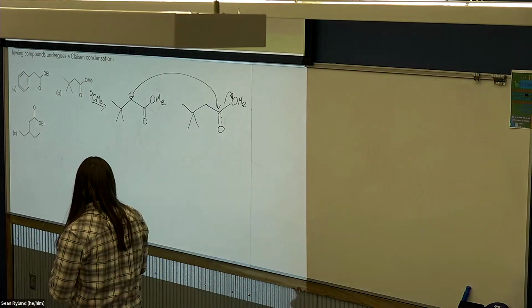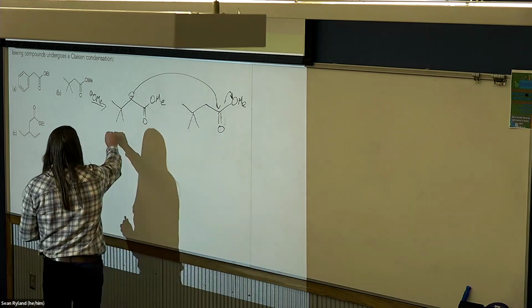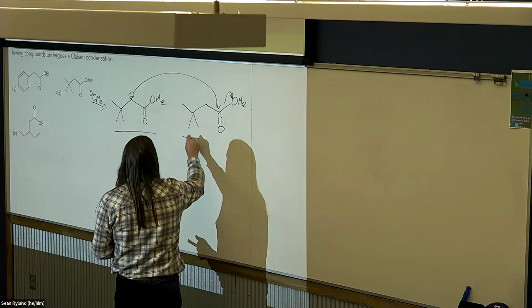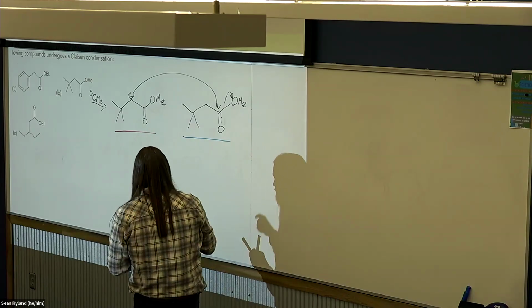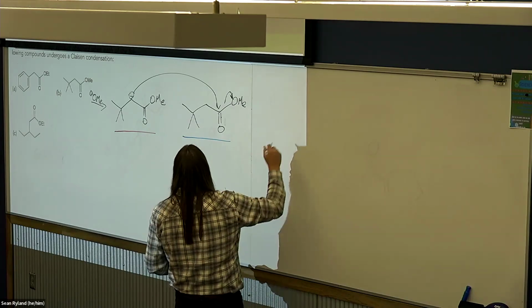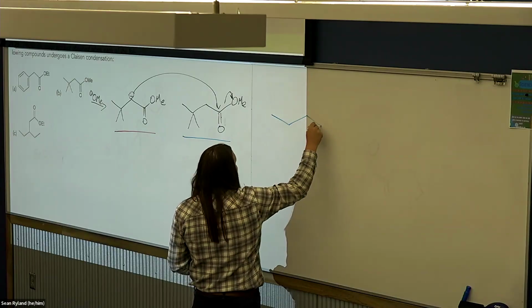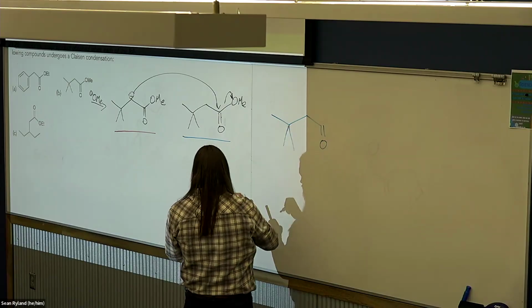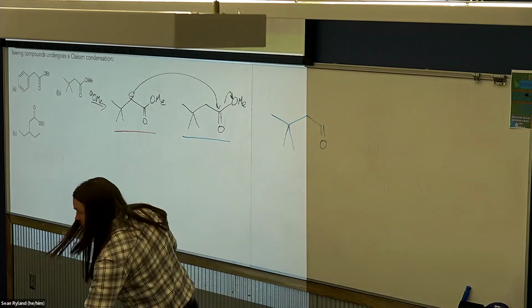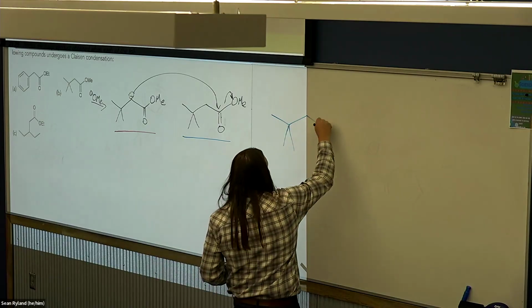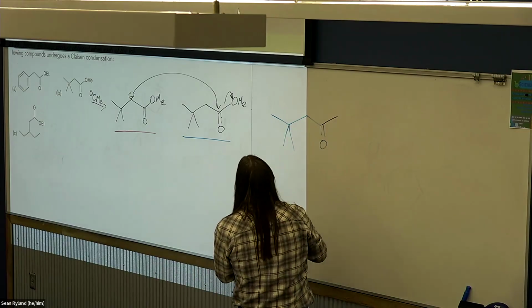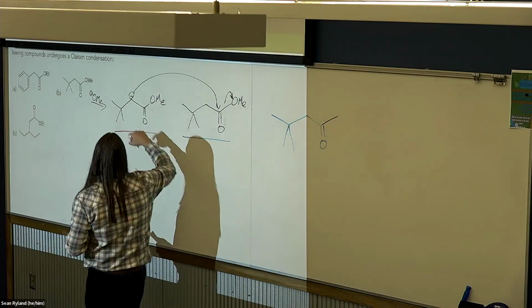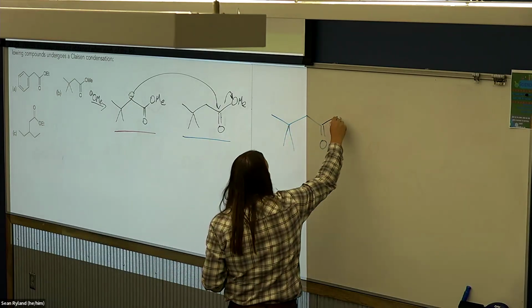Should we color them, or is that making this more complicated than it needs to be? So our alpha carbon has the ester attached.